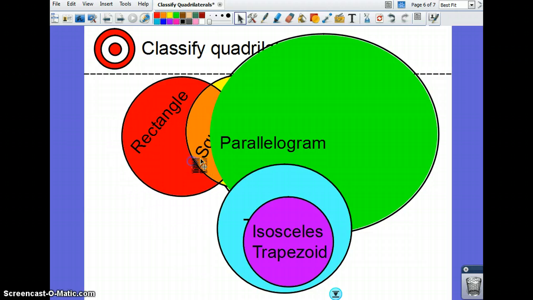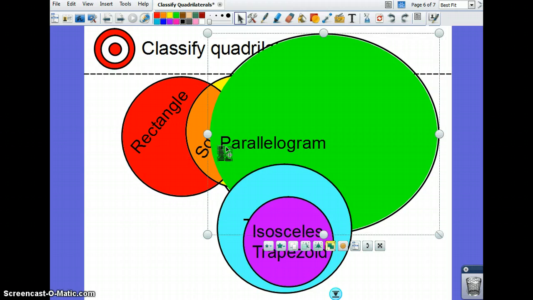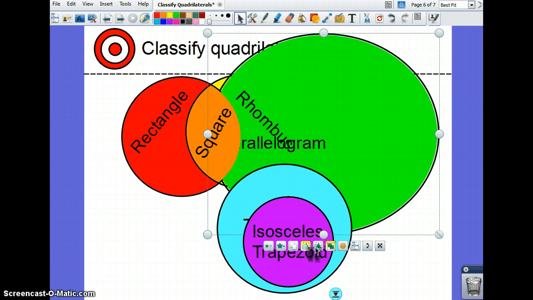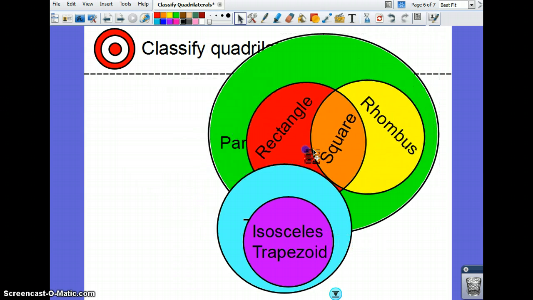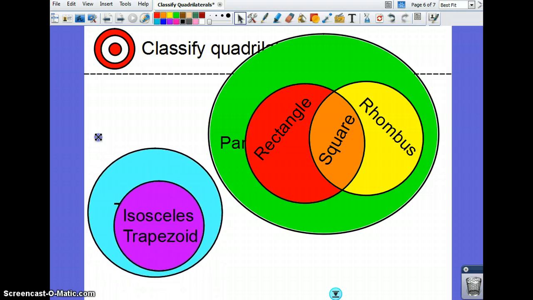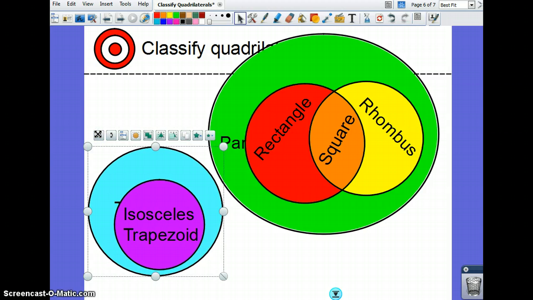Grab these and put them inside of here. Now I said that the trapezoids can't be overlapping, so I'm going to move these off. So there it is.